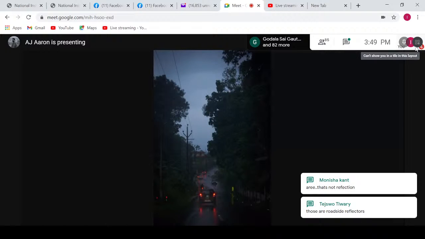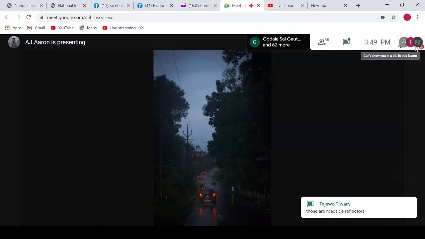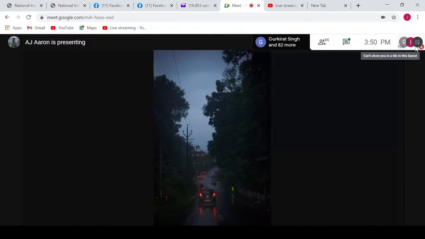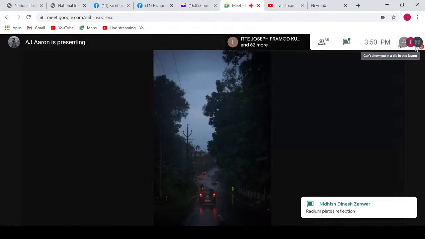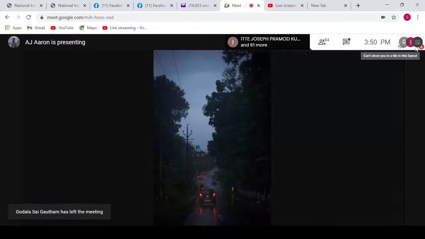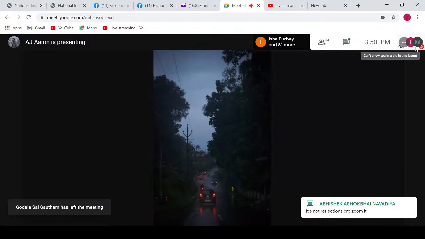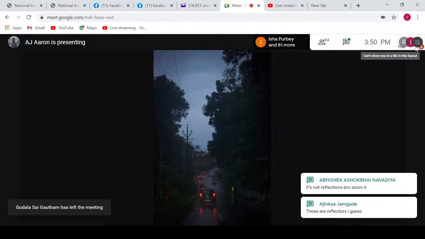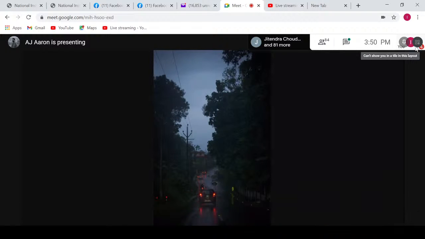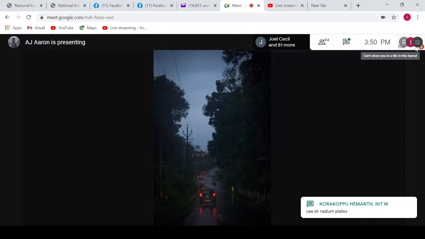Who took this image? Who took the photo? It's best if he tells what that red light on the left is. Someone says radium plate reflections. No, but excuse me. Okay. Those are light reflectors kept on the side of the road.